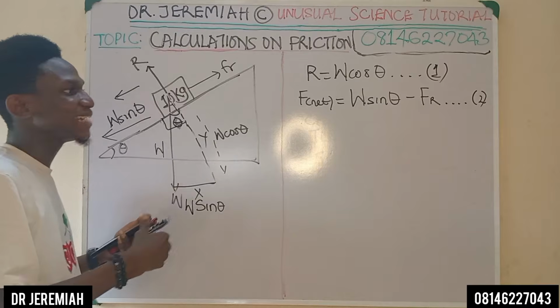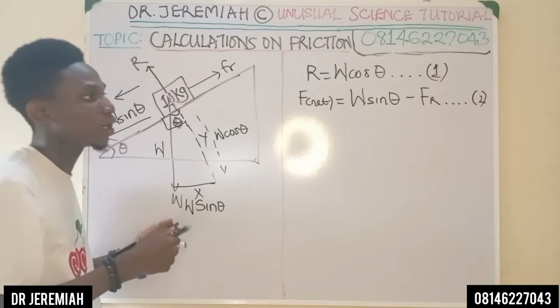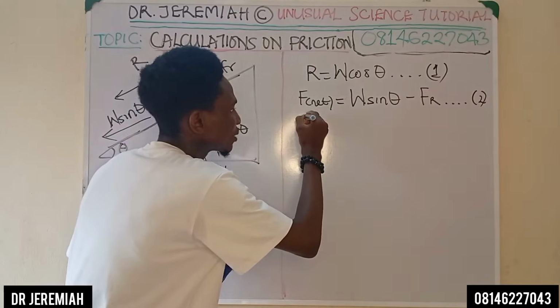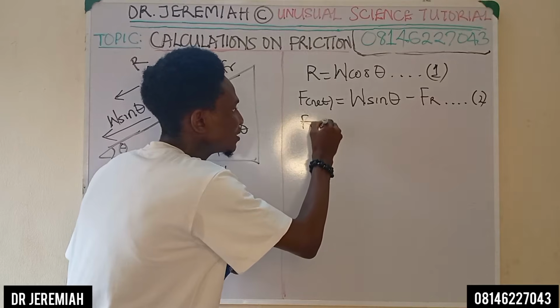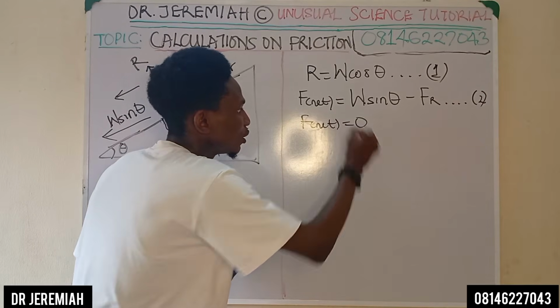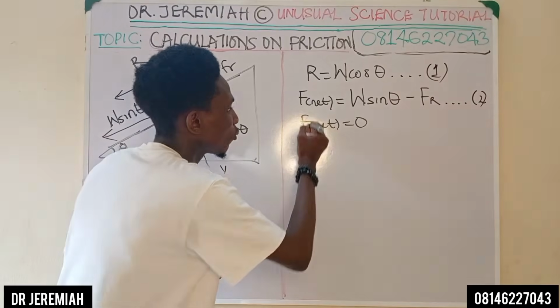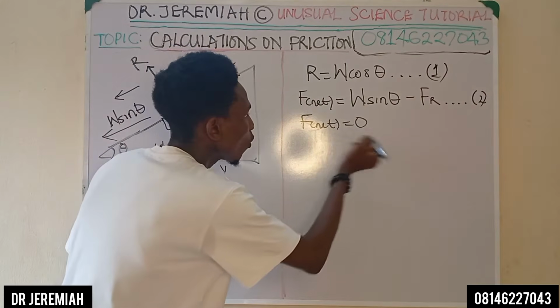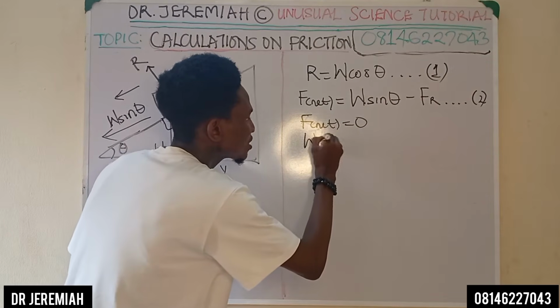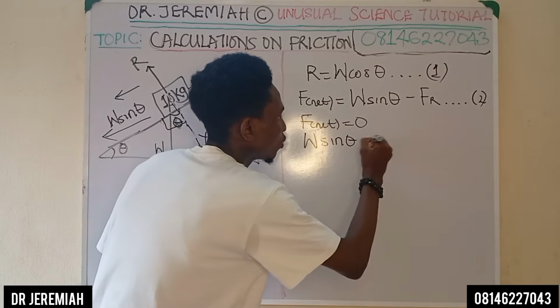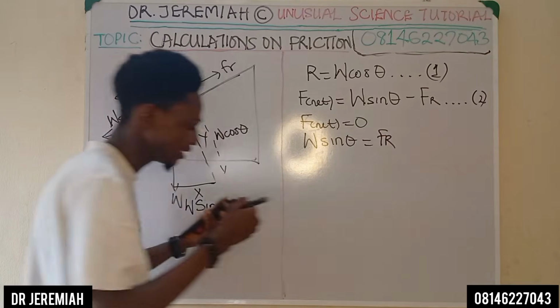And if the body is at rest, we can say net force is 0. I explained this in the previous video, in the previous solving on a horizontal surface. So we are going to have w sin theta equals to frictional force.